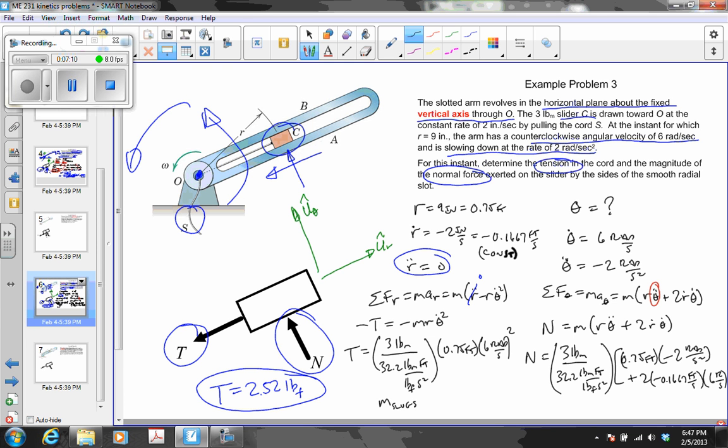I ran out of room. Yeah, so let's take a look at our units. So pound mass would cancel. And so here I have feet times radians per second squared. That would give me feet per second squared. So I am left with units of pounds force. So just plug and chug.